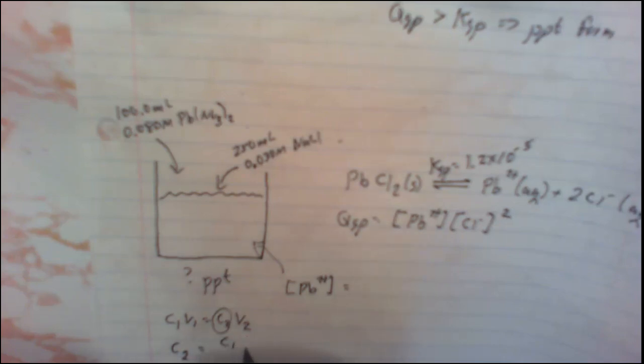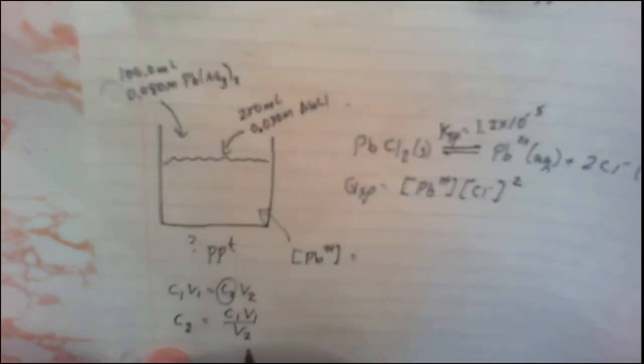That's going to be equal to C1V1 over V2, where C1, V1 are the original concentrations and volumes respectively, and then V2 is the new volume after the mixture, after the two substances have been combined.